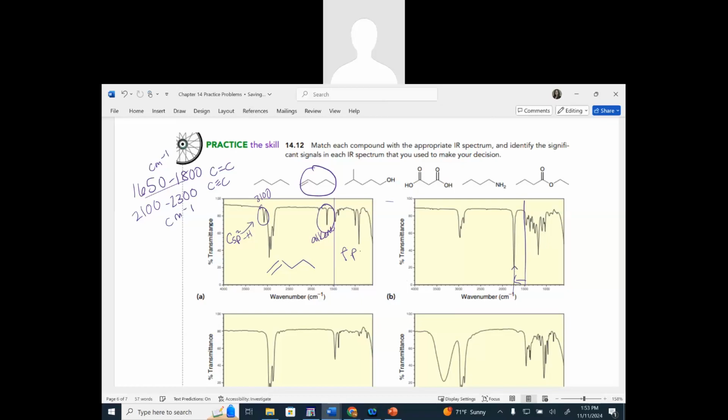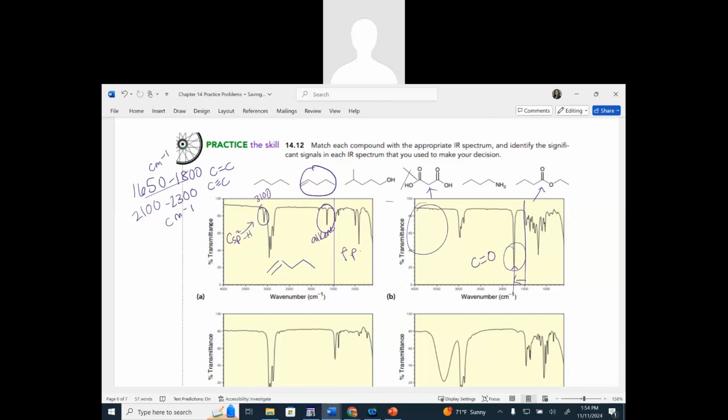So this signal right here is indicative of a C=O double bond, a carbonyl, and only 2 of our structures would have that. So we can choose between these 2 here. And the spectrum does not match this compound here because there's no broad signal in the OH region here.